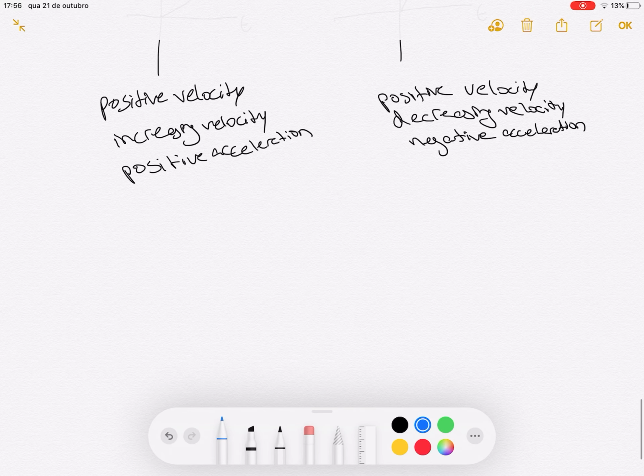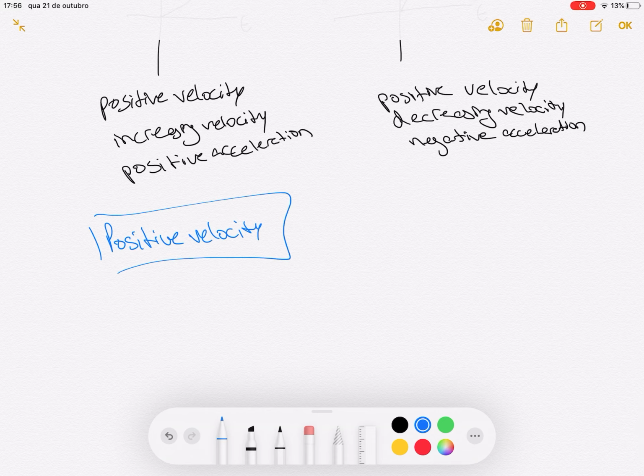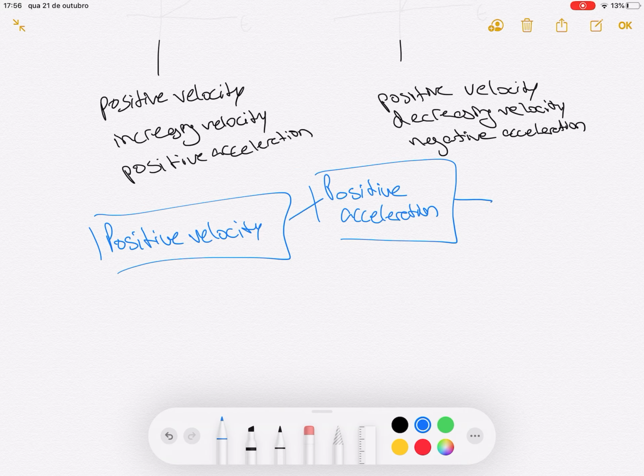So if we have a positive velocity and a positive acceleration, then we have the object speeding up forward.